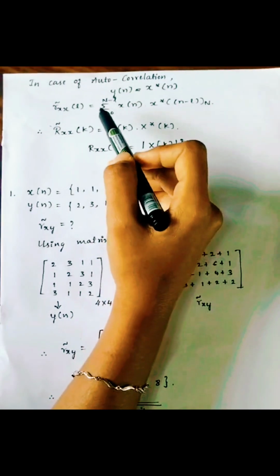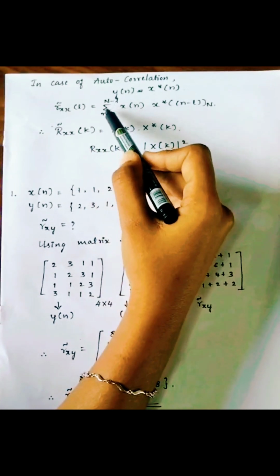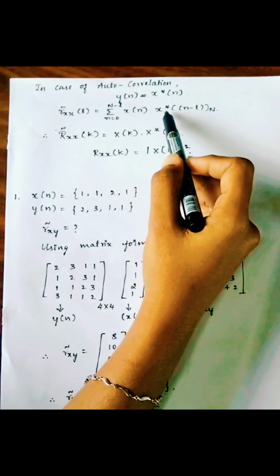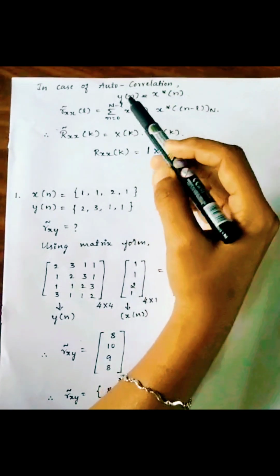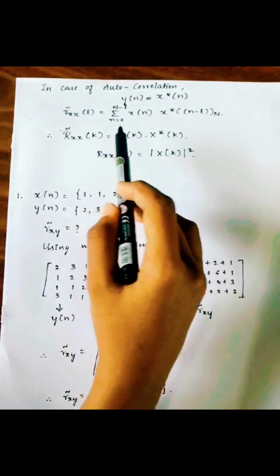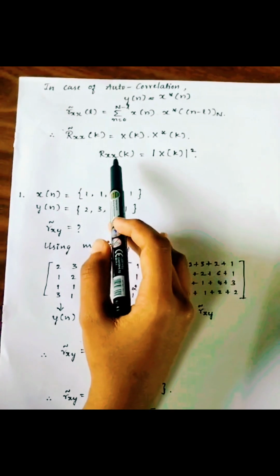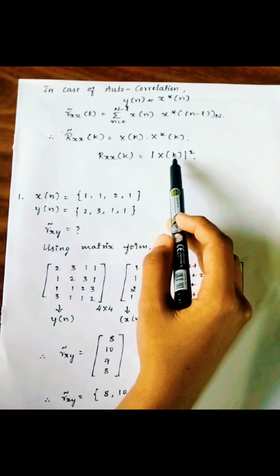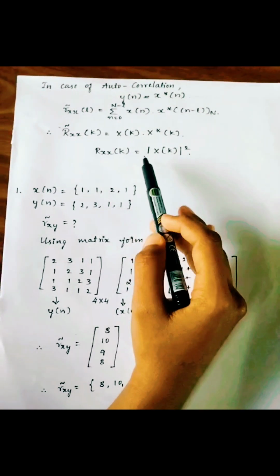Autocorrelation can be written as R xx of l tilde equals summation of n equals 0 to N minus 1, x of n into x conjugate of (n minus l) mod N. This can be written as R xx of k equals X of k into X conjugate of k. The final expression becomes R xx of k equals mod of X of k whole square. This is for the autocorrelation.